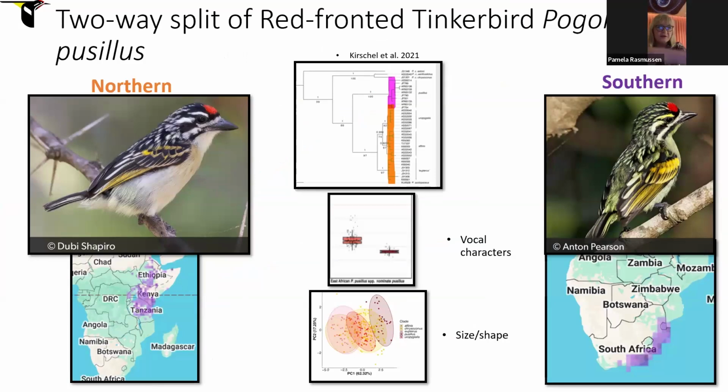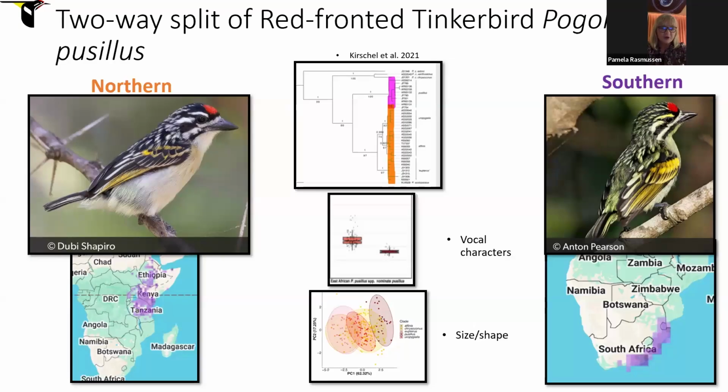And they did an integrative taxonomic analysis that showed, even though they both go tink, tink, basically all the time, very monotonously, hence the name, there are some differences in the vocalizations that are at least consistent with their being separate species at the level of other tinkerbird vocalizations as well.